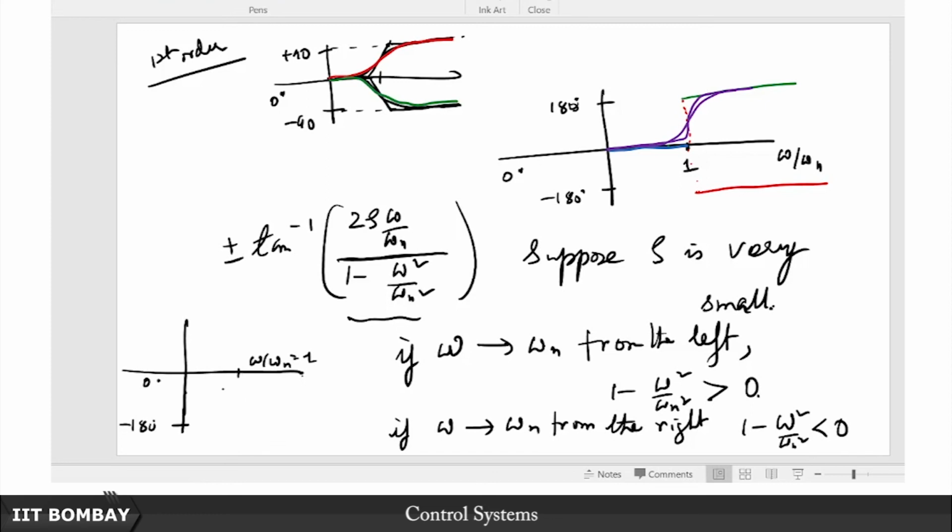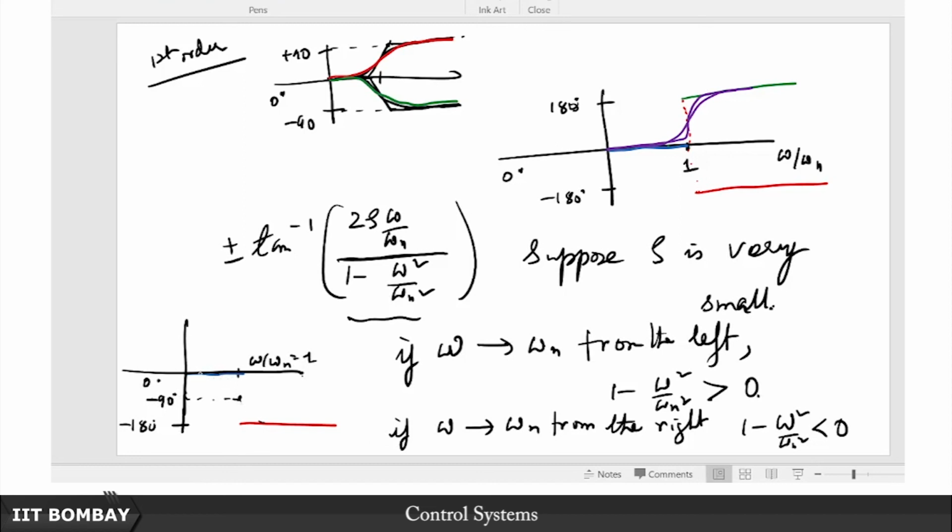So we notice that if we draw this line up until here, and then we draw this lower asymptote at this point, then clearly here is a discontinuity, and at this point we know that it is going to be exactly equal to, we have seen that at omega is equal to omega n, this is minus 90 degrees. So we have this, but then how does it pass through this is our question.